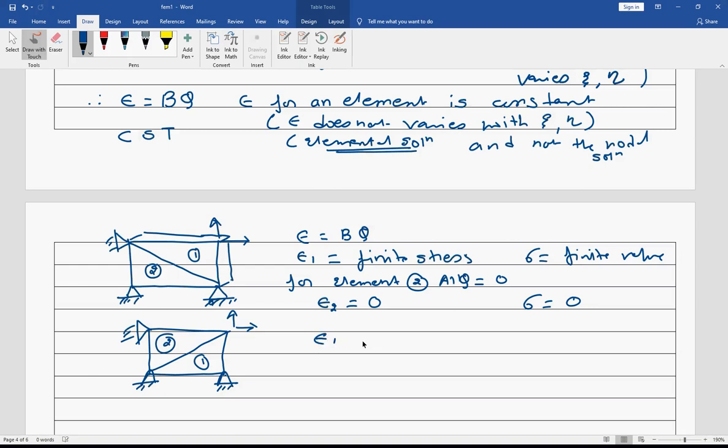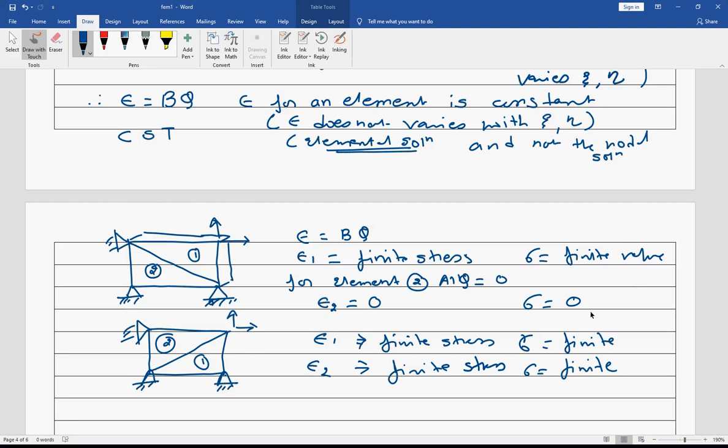So I can say epsilon 1 exists, because of this finite stress exists. Okay, and epsilon 2 will also exist, because of that also some finite stress will be there. Okay, so here sigma will be finite and here also some sigma will be finite.